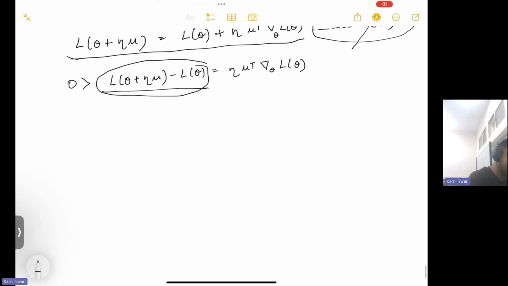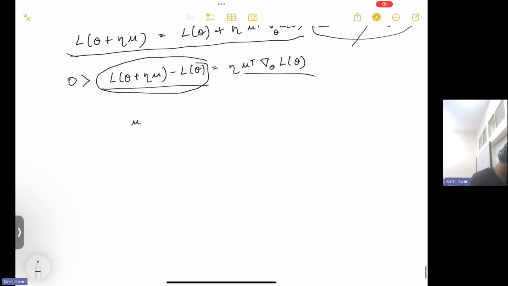So if this quantity is less than 0 and this is a vector, u transpose del theta L of theta is just a dot product. Eta is just a scalar quantity, so we can just remove it. We want this quantity to be negative.